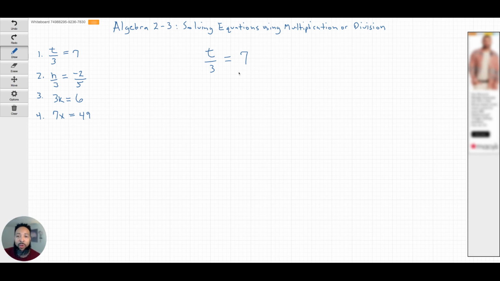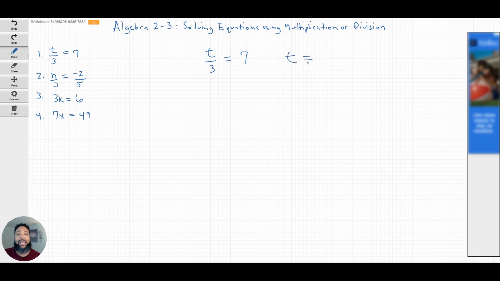An equation is an algebraic expression that has an equal sign in it. And we have a variable t that we don't know what the number is, and that's what we want to solve, that variable t. So the goal is you want to end up displaying t equals something. That's what we want this equation to look like.